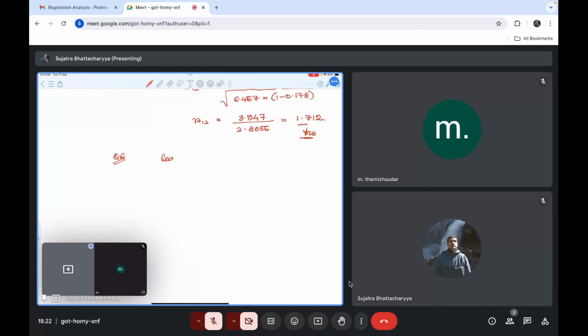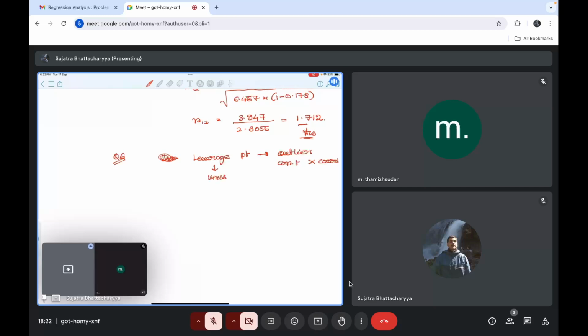A leverage point is nothing but an outlier with respect to the x coordinate, because it has an unusual x coordinate.